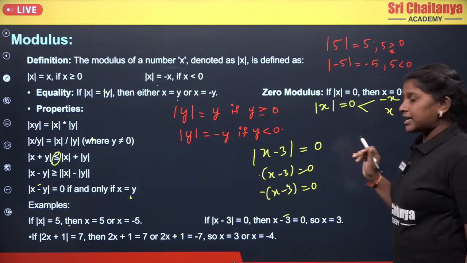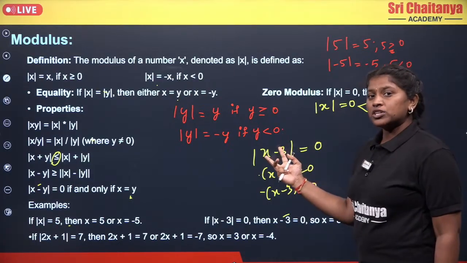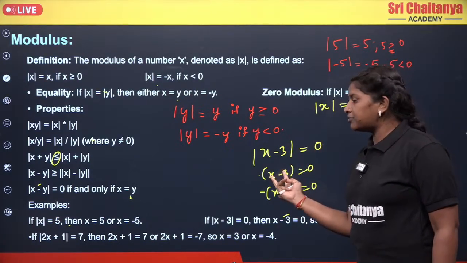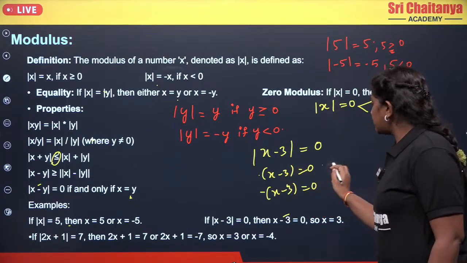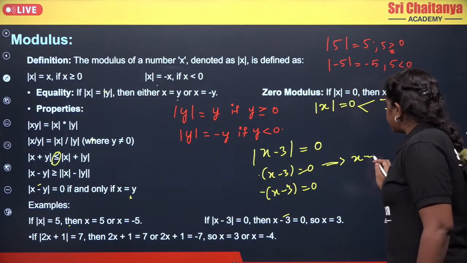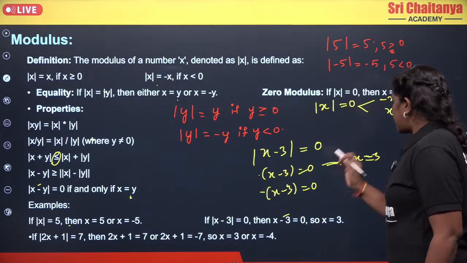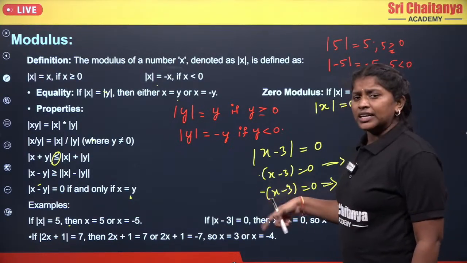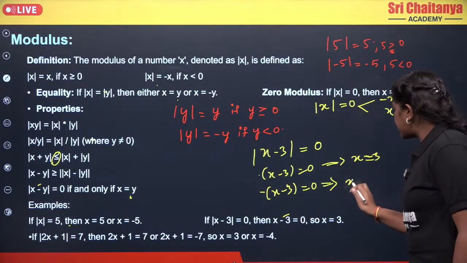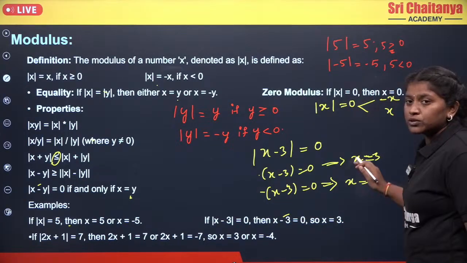In the same way, if we take modulus of x minus 3 equals 0, then we get positive x minus 3 equals 0, and from there x equals 3. And if I take minus of x minus 3 equals 0, then also we will get x equals 3 in both cases.